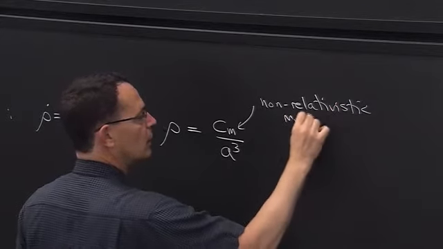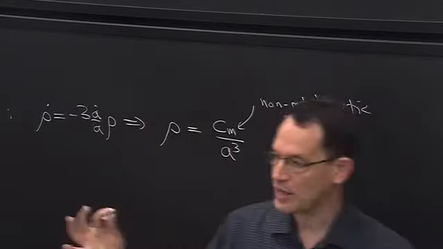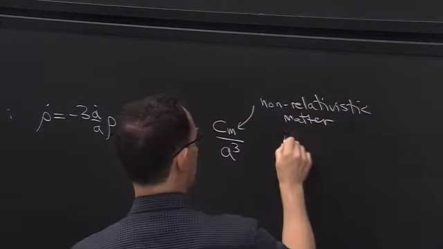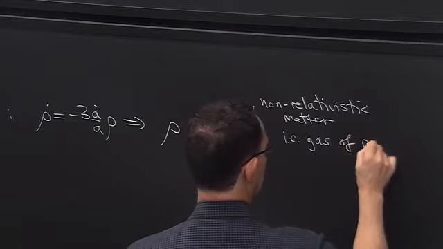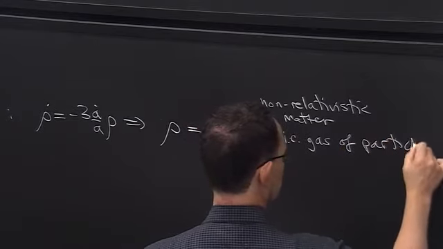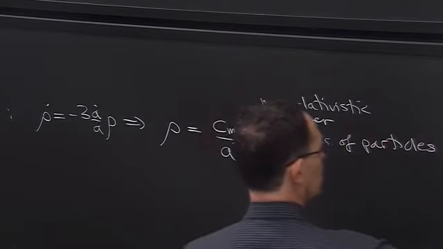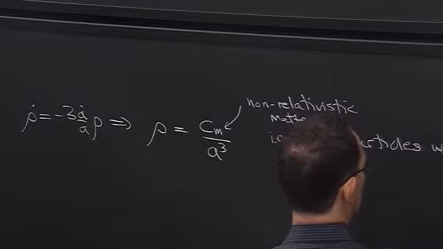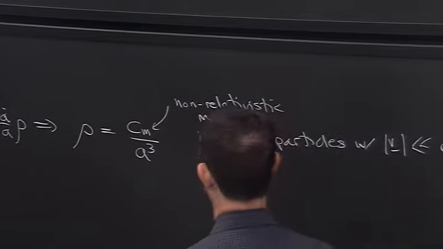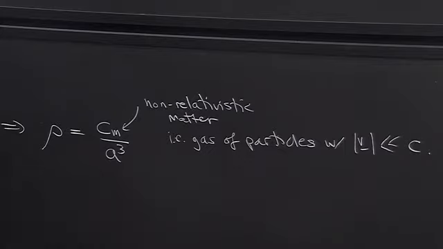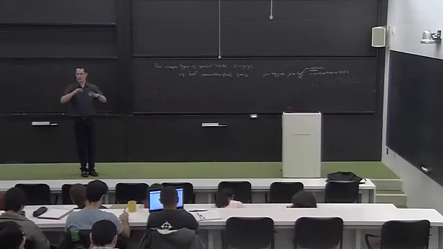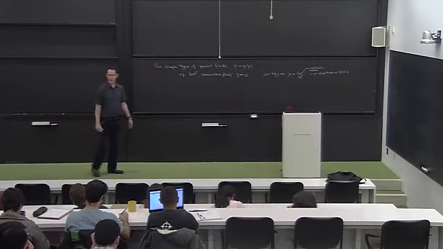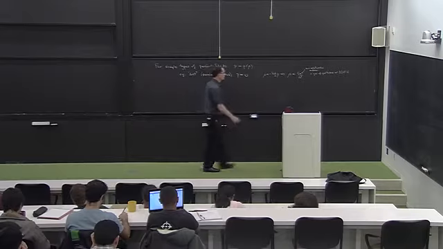You can think of it as a gas of particles with v much less than c, so there's negligible pressure. And then all that happens is the universe expands and the density of the stuff falls like 1 over a cubed, just as you'd expect.